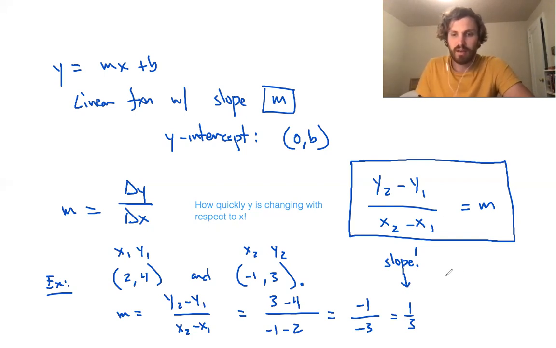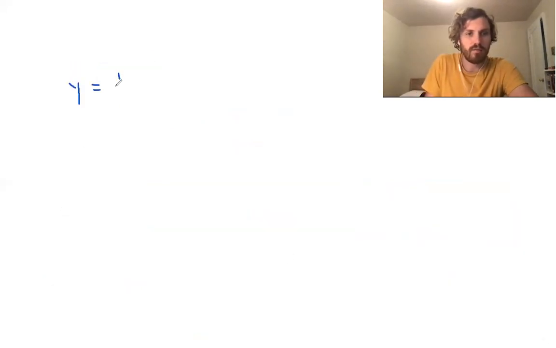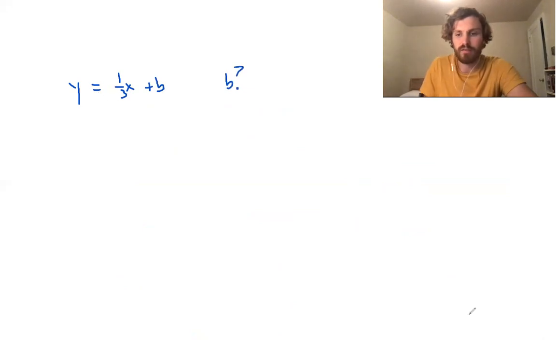And then I could say, great, y equals mx plus b, but I know that my m is 1/3, so y equals 1/3 x plus b. Now I'm going to go to the next page. So I've got y equals 1/3 x plus b, but what is b? How do I find that? Well, what I could do is plug in a value for x and y and solve.